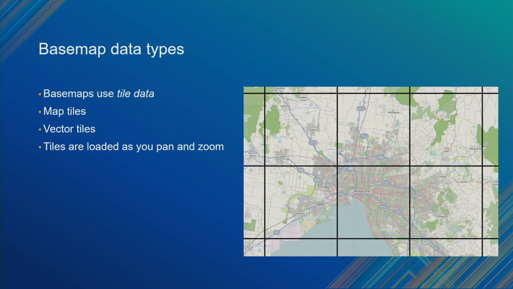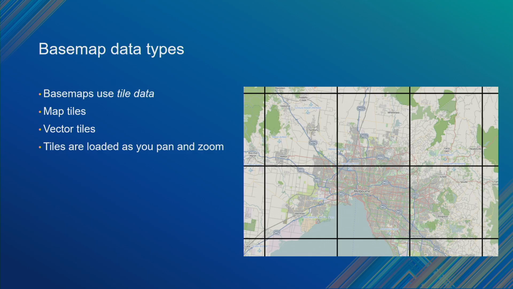Instead of returning all the data for the entire world at once at all zoom levels, they parcel the data off into tiles and return the tiles that you're looking at currently. If you're just looking at Melbourne in Australia, then you'll just be getting tiles for that area and the specific zoom level you're at. Tiles are loaded dynamically as your app is panning and zooming around the world. And that saves on requests and in data transfer rates.